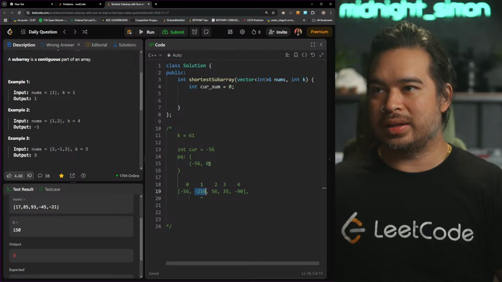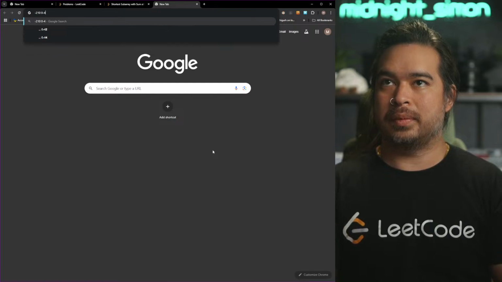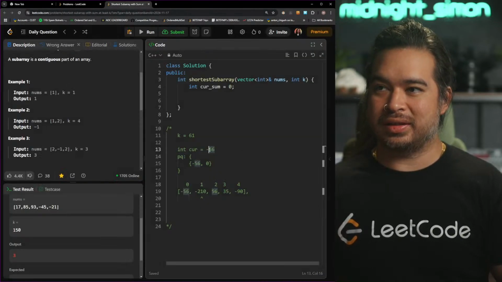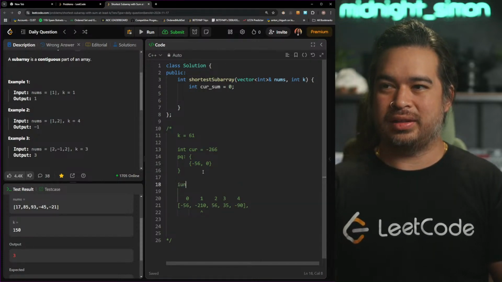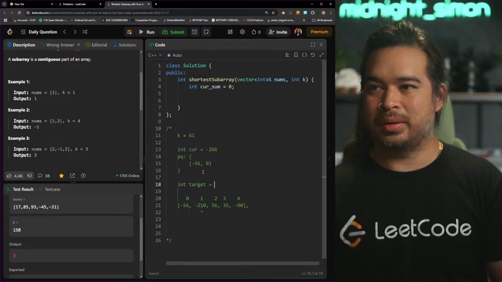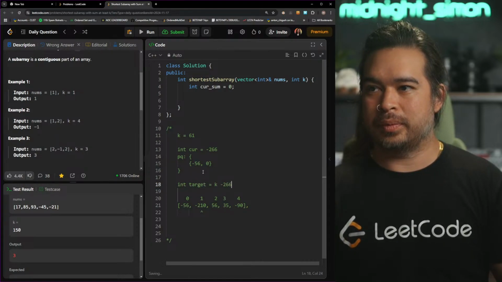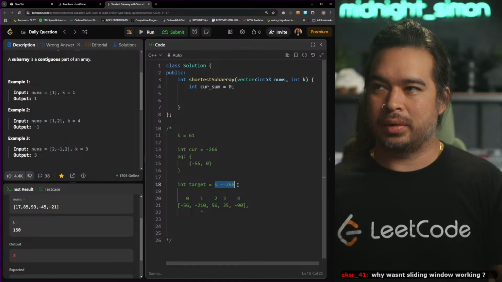And now it's like -56. Let me do this. I can't do math. 266. And then if we had this, our target would be something crazy here.